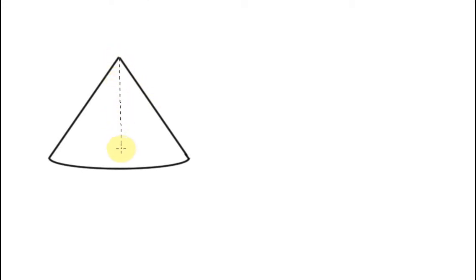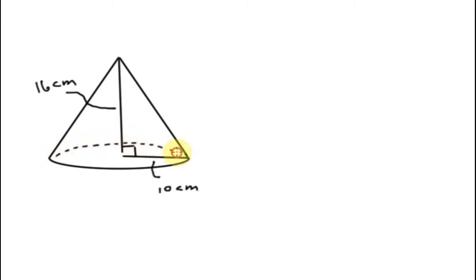So let's say we have a height and a radius, and let's say that that height is 16 centimeters. And let's say the base radius here is 10 centimeters. And we'll just fill in the rest of this so it looks a little bit more clear.